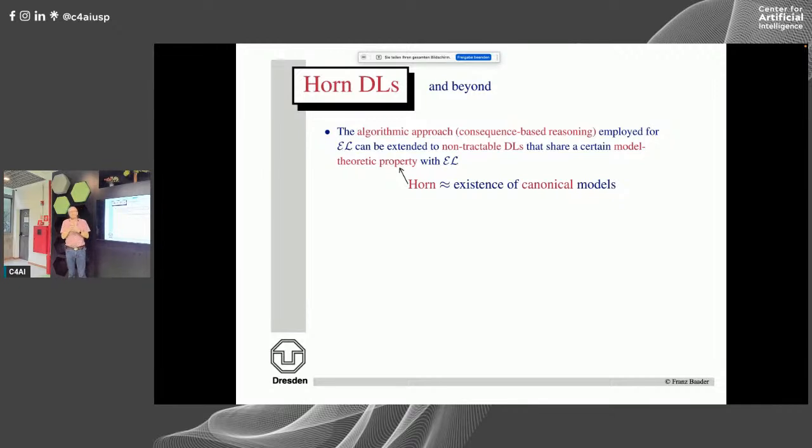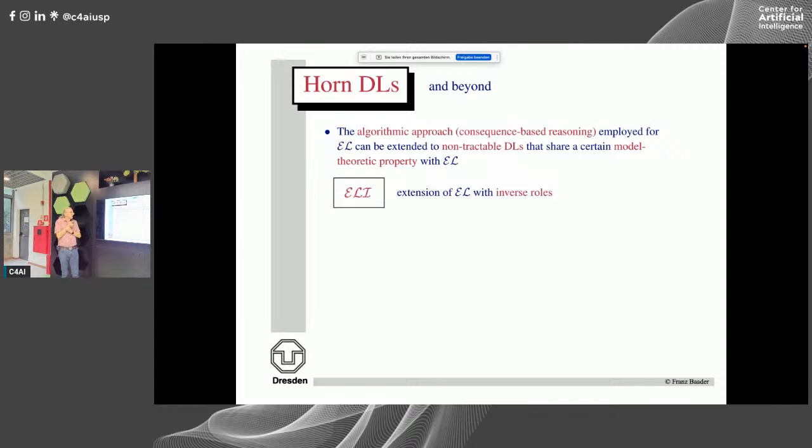And Horn, so you can do this if you don't have disjunction, intuitively. Because if you have disjunction, you need to look at different possibilities, how the model could look like. And this works also in cases where you don't have tractability anymore, but then of course the canonical model gets exponentially large, for example.